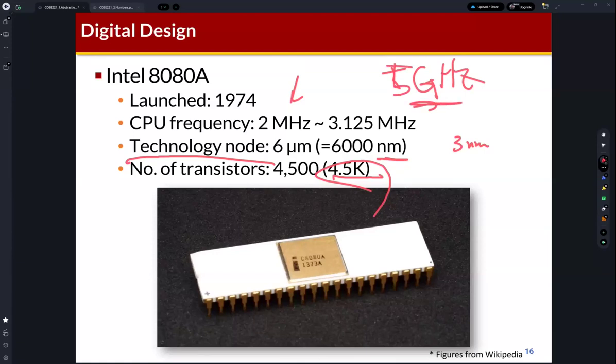Giga is 1,000 mega. So we can say that this CPU is much slower than the current CPU, because the clock frequency is just megahertz scale.